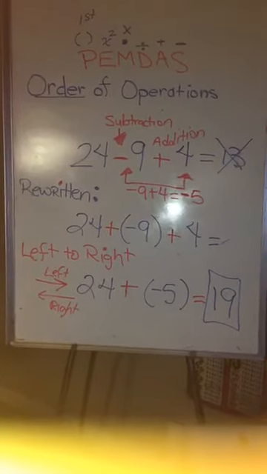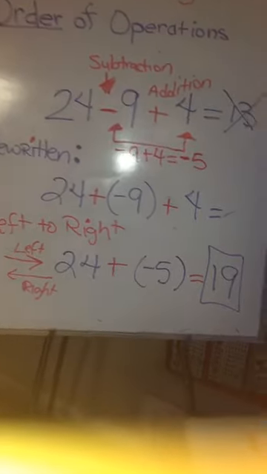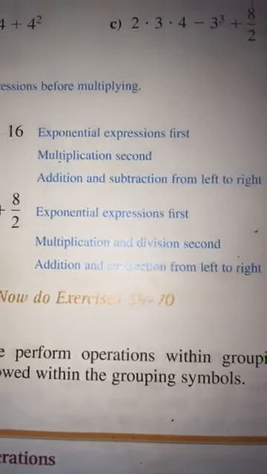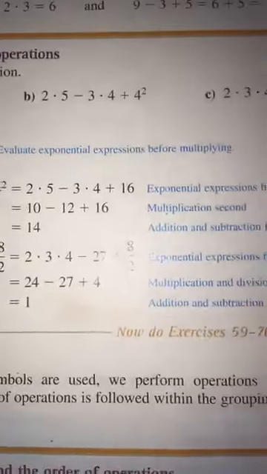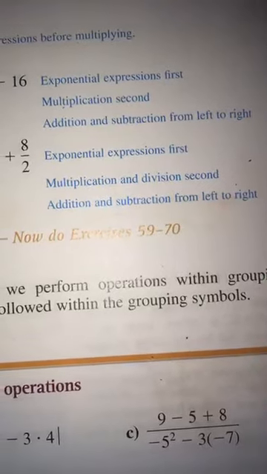So if you were to look up the rule in my book, I'm going to bring my phone over to my math book. And it says here, if you can see it, evaluate exponential expressions before multiplying. You want to do the exponential expression first.